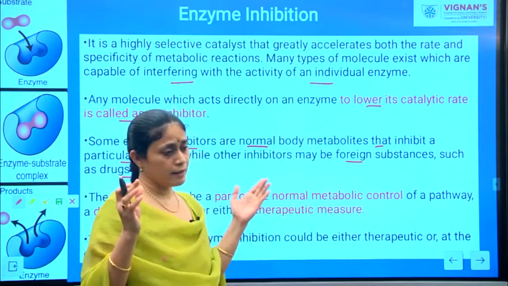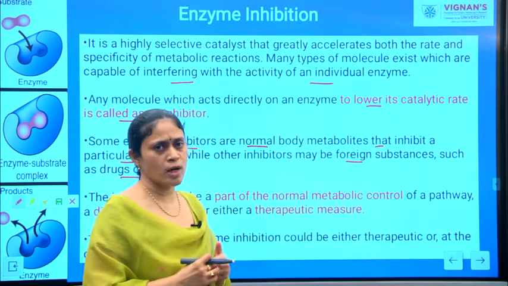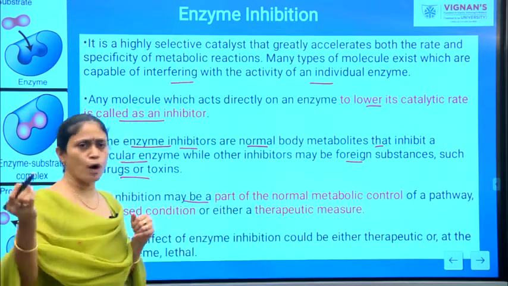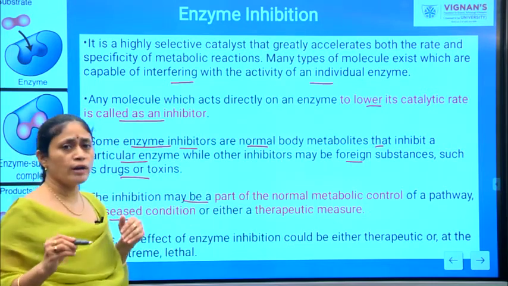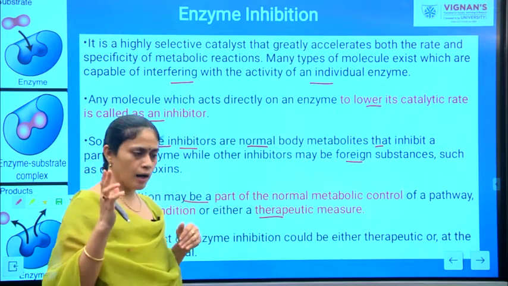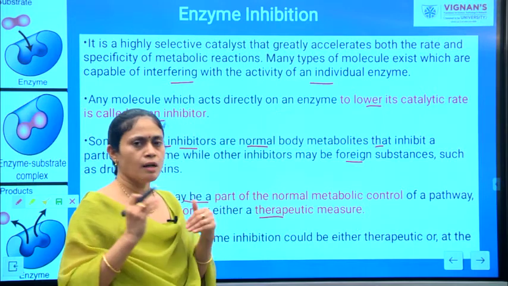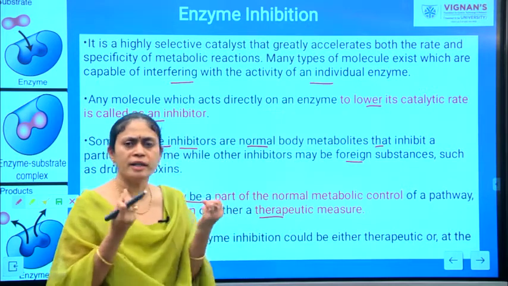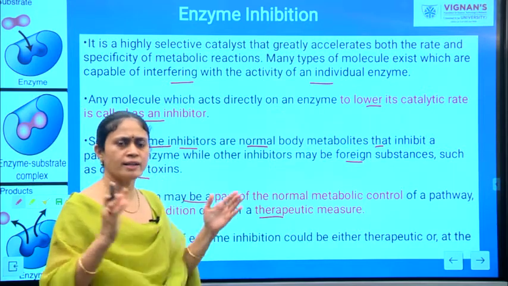So, what is the range of inhibitors? It may be a naturally available metabolite inside our body, or it may be a foreign molecule such as toxins and drugs. The inhibitors may be a part of the normal metabolic control of a pathway, a disease condition, or a therapeutic measure. That means there are both advantages and disadvantages with these inhibitors. Sometimes they are involved in treating certain diseases; sometimes they are involved in hindering certain important reactions.